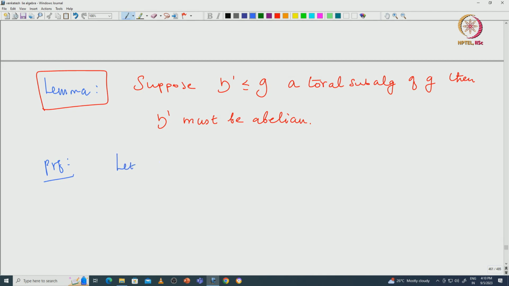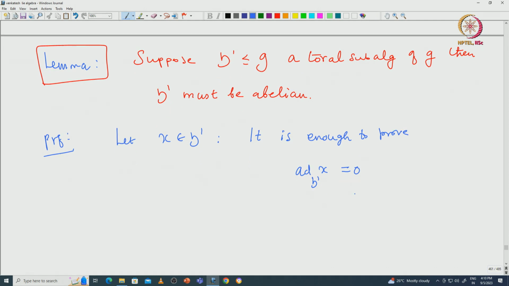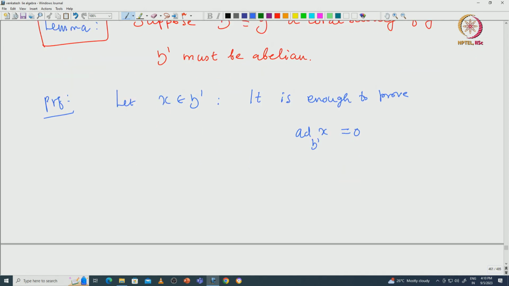Let x be in H'. It is enough to prove that ad x, when you restrict to H', must be a zero map, and this is true for all x in H'. Note that ad x is already semisimple.